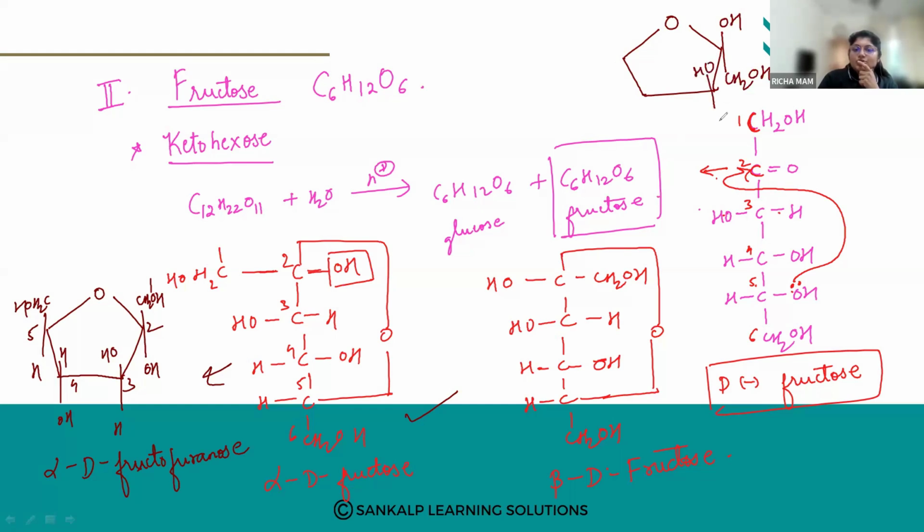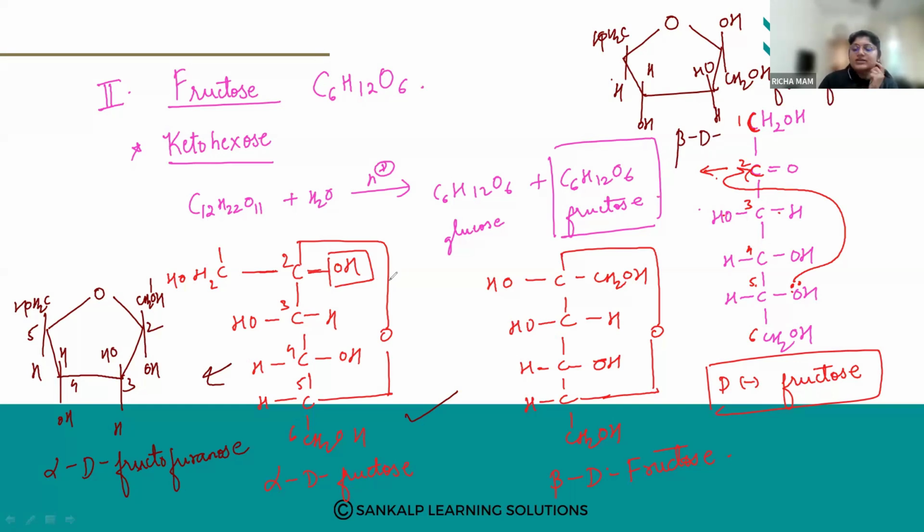Then your H OH, then H OH, and here CH2OH and H. So this is your beta D fructofuranose. These are the Haworth structures.